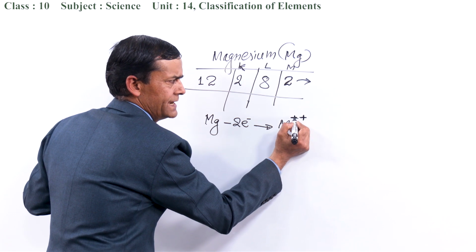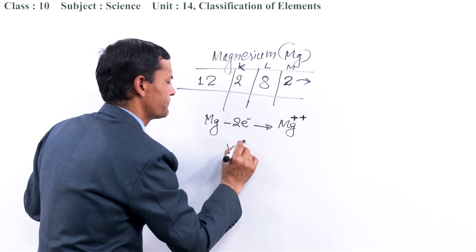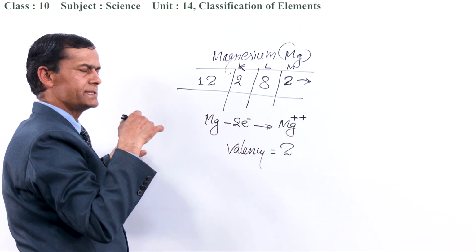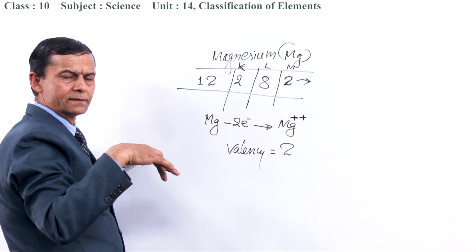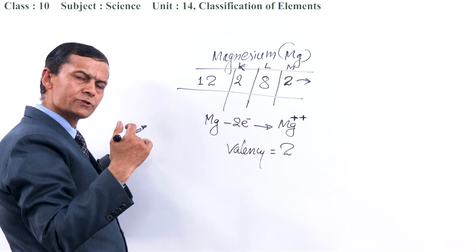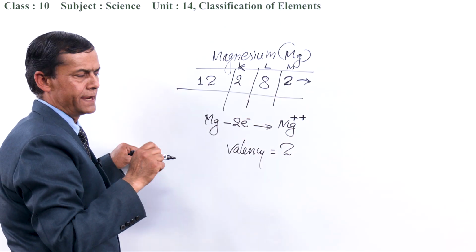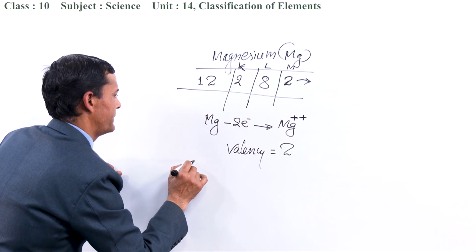Metals are electropositive, we have already discussed. So its valency is 2, because magnesium loses 2 electrons. So valency means either the atom of an element loses electrons or gains electrons or shares electrons, which we have already discussed in grade 9.